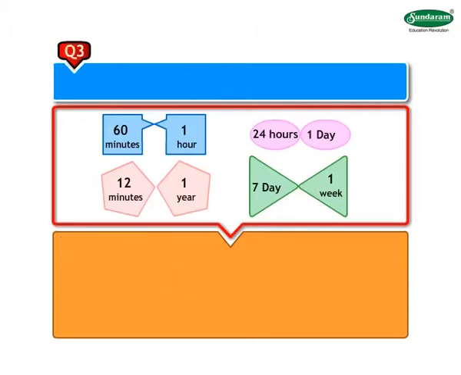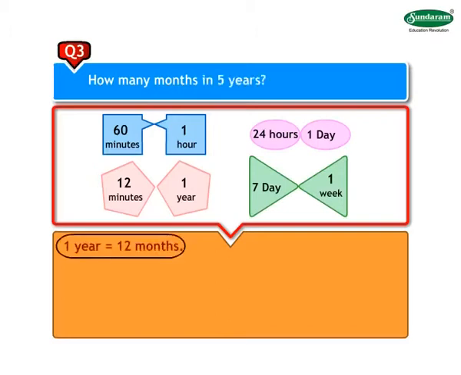Question 3. How many months are there in 5 years? 1 year is equal to 12 months. Therefore, 5 years is equal to 5 multiplied by 12, which is equal to 60 months.